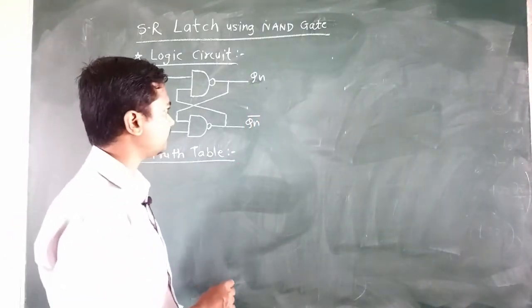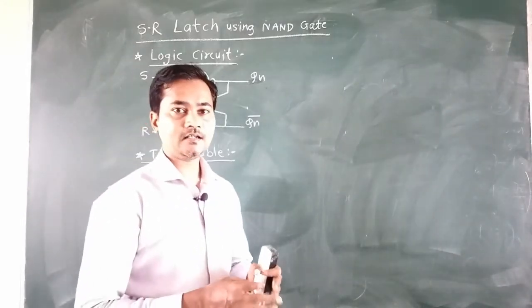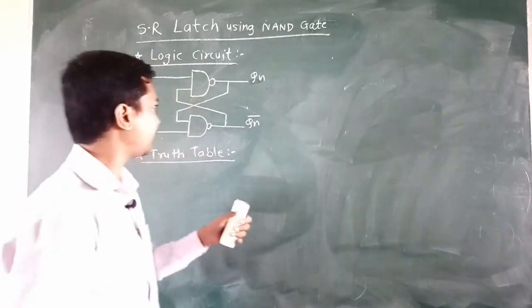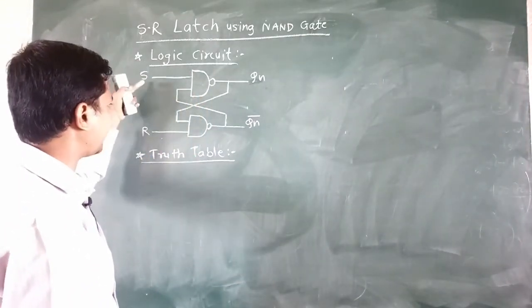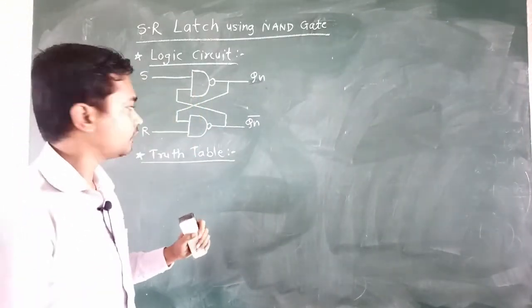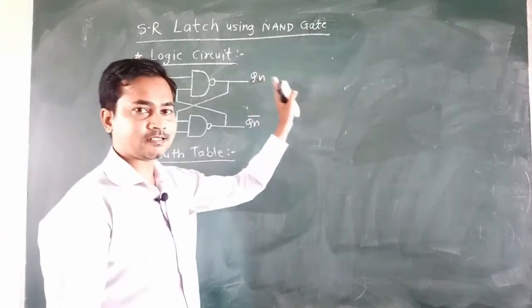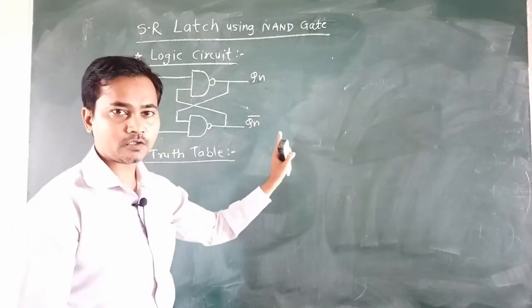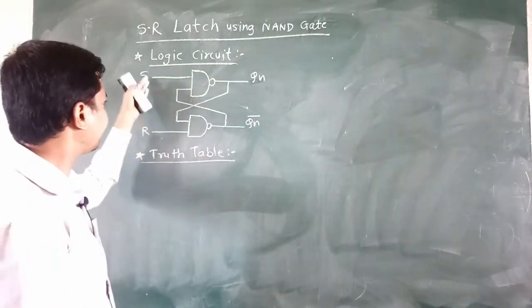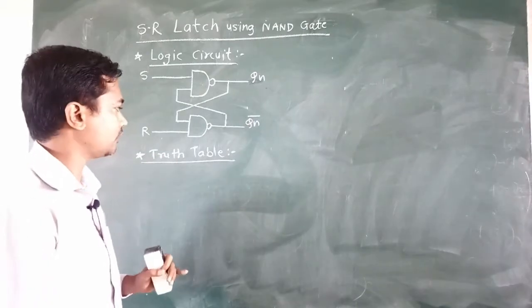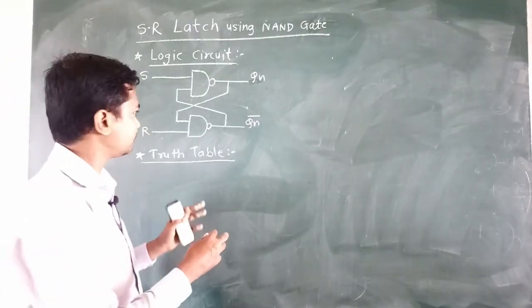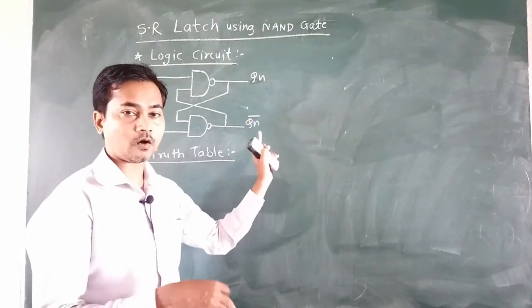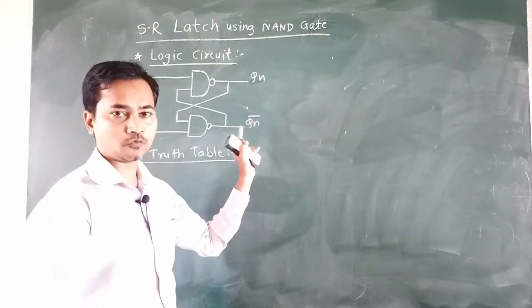We are interested in what the next state will be if we apply different inputs at S and R. The next state output depends on the present output and the present inputs. So we consider S, R and the present state of output to obtain the next state of output.